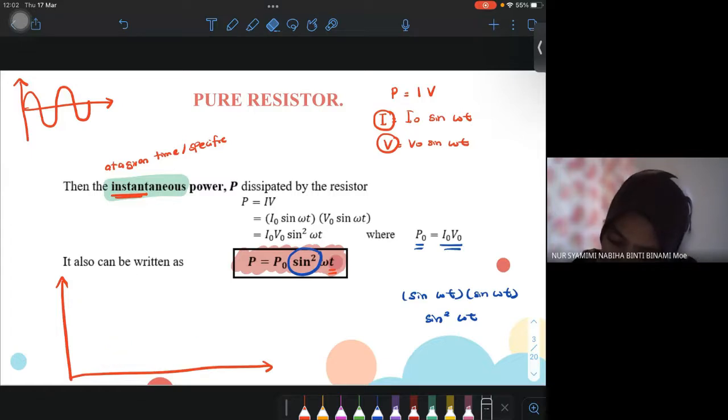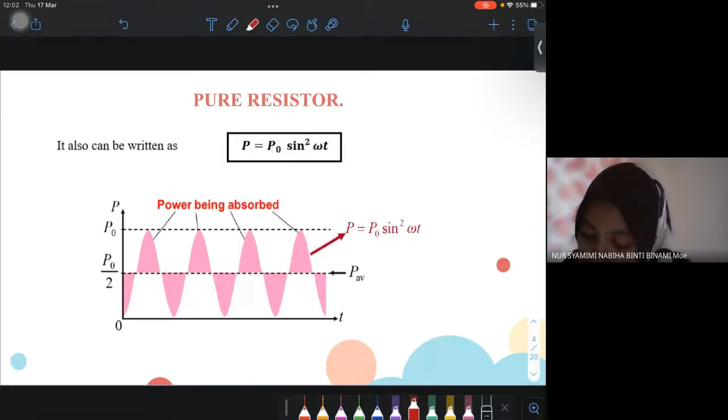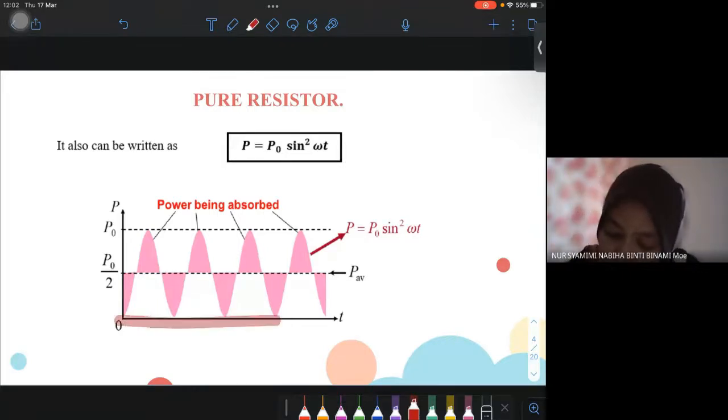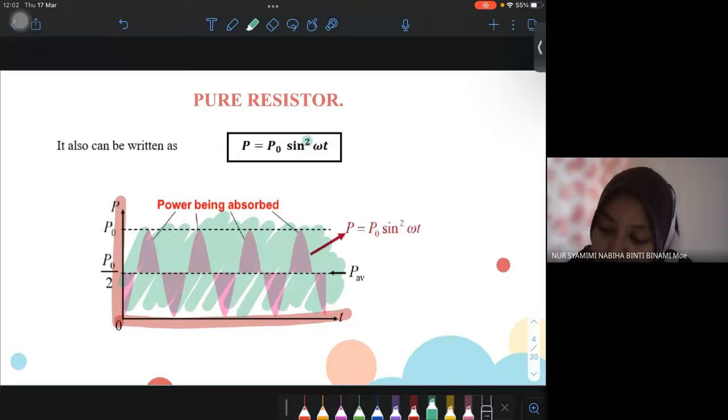So dia sin. Boleh faham? So that's why graf yang kamu dapat ialah ini axis Y, ini axis X. So semua graf kita berada di positif. Semua berada di atas axis. So that's why sebab dia ialah sin square graph.